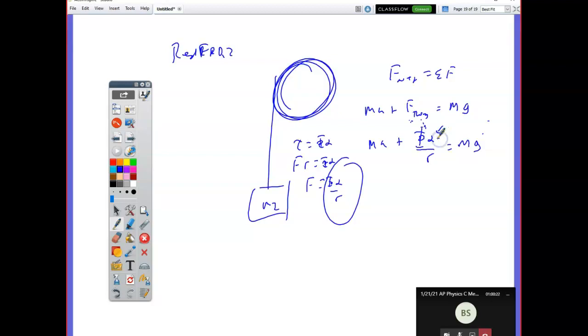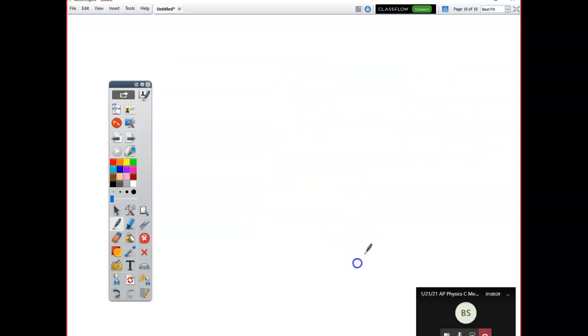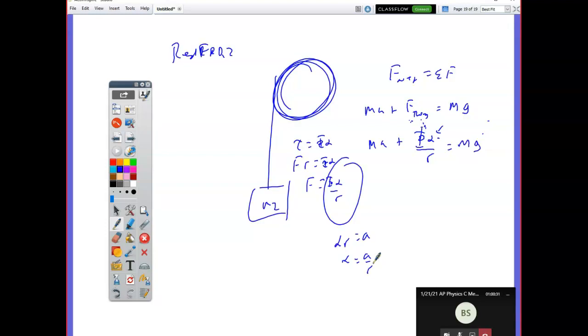So we're going to change that alpha into an A. So alpha R equals A, so alpha has to equal A over R. So would the R's cancel out? I don't think so. I think you'd have an extra R on the bottom.